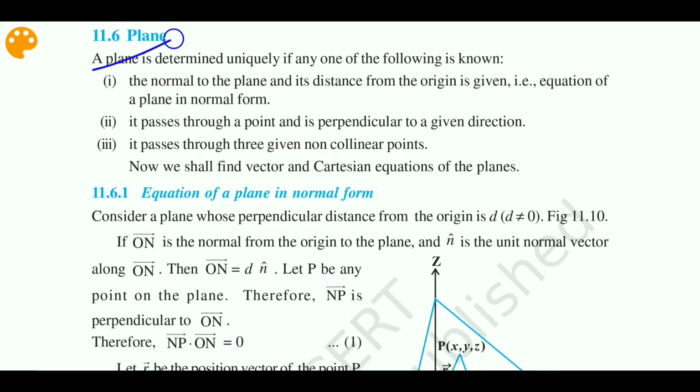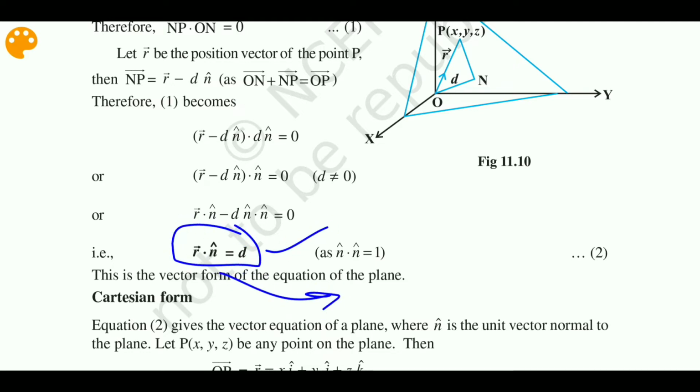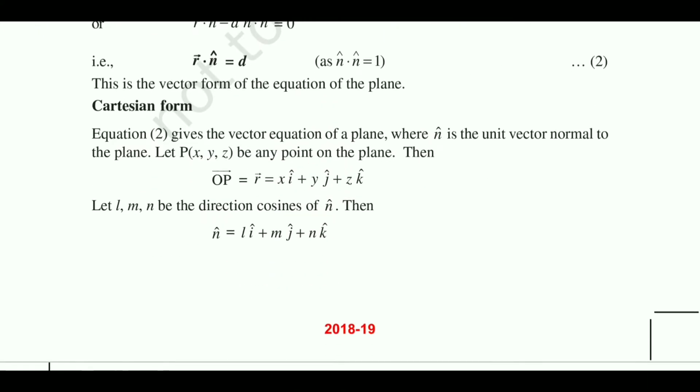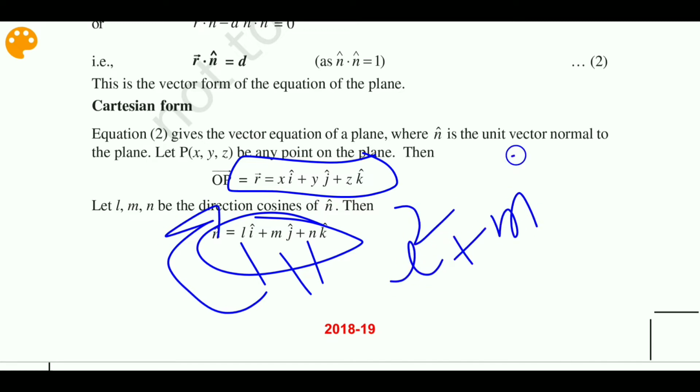So there it is, this is a plane. The equation of a plane in normal form is given here. I already told you: r dot n cap equals d, where n cap is a unit normal vector and r may be any vector, given by x, y, z. Here l, m, n are the direction cosines, and we know that l square plus m square plus n square equals 1.